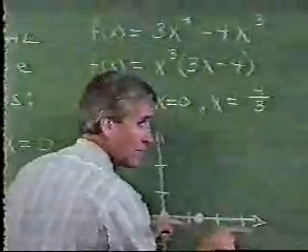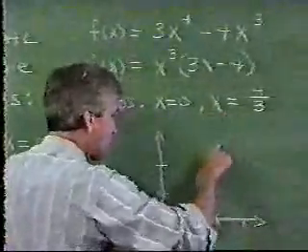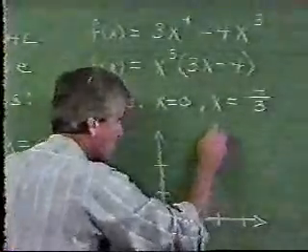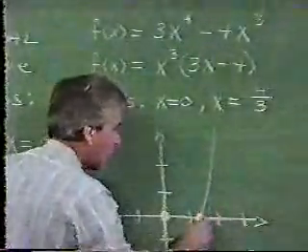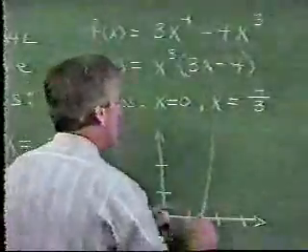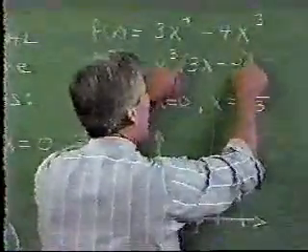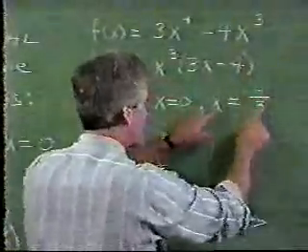The y value is positive when x is big positively. That means the graph comes in from the upper right. So the graph will come through this point. I know it goes through the point because 4/3 is a 0. This factor is a factor only one time, so it'll go through that 0.